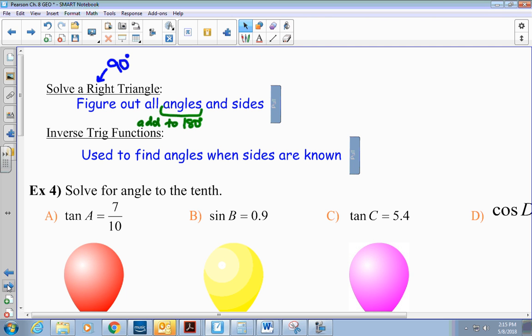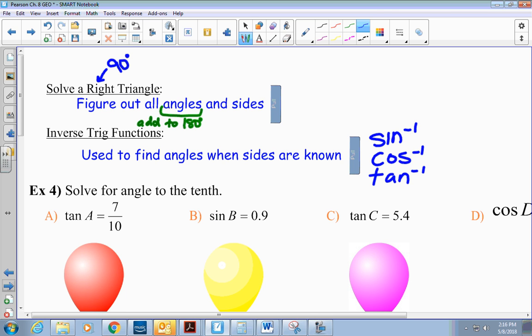Inverse trig functions we use when we know the sides, but the angles are not known. So we use inverse trig. On your calculator, the inverse trig looks like sine, cosine, and tan with the little -1.